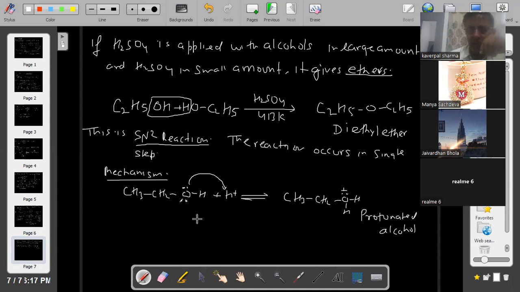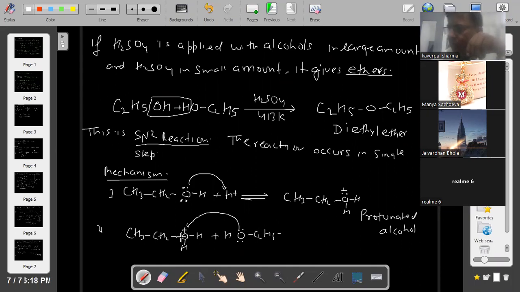Now this protonated alcohol, in step 2, you will take CH3CH2OH2+. This protonated alcohol will react with ethyl alcohol, HOC2H5. This will attack, and the water molecule will form a complex.